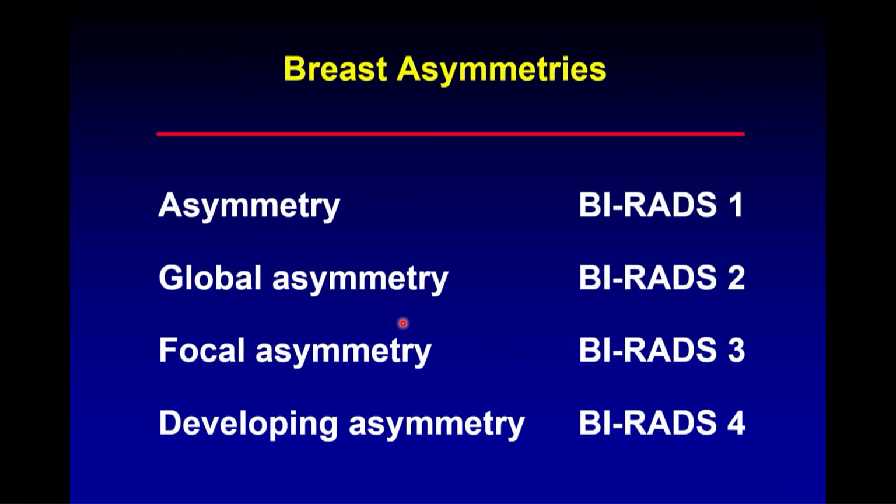Okay, so bottom line is asymmetry usually turns out to be BI-RADS 1, global asymmetry usually turns out to be BI-RADS 2, focal asymmetry usually turns out to be BI-RADS 3 unless you have priors, and developing asymmetry turns out to be BI-RADS 4, just about always.